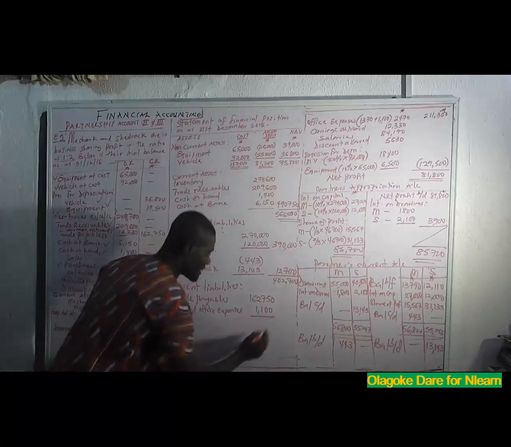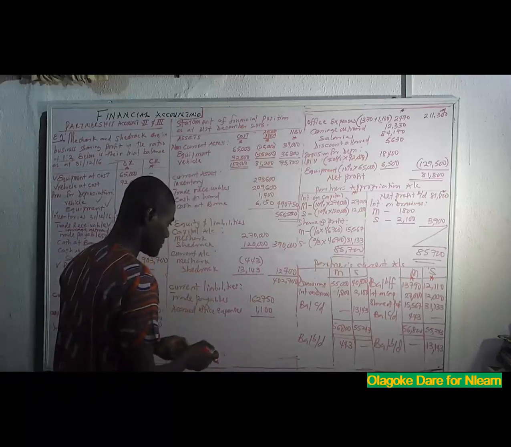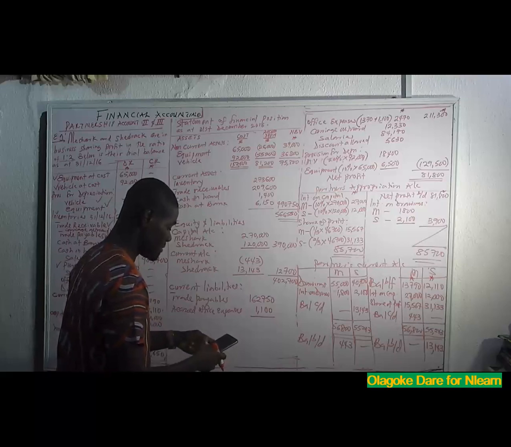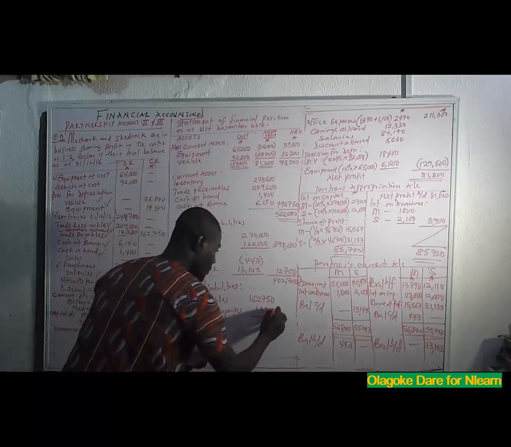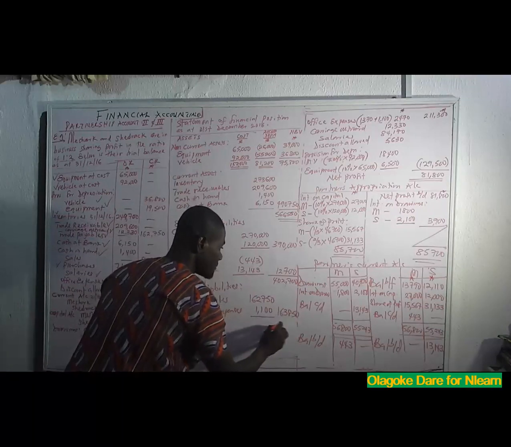Let's add this together: 162,750 plus 1,100, we have 163,850.